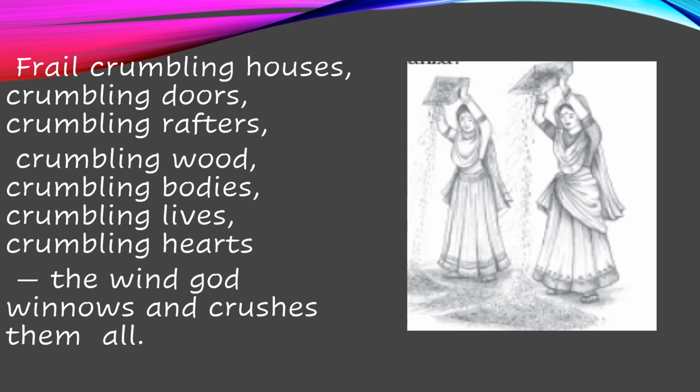Here in the picture you can see the women. Given the quality of wind, they are crushing the winnows and putting down the grains. So this quality of crushing all the structures, all the plants, has been given to the wind: the wind god winnows and crushes them all.